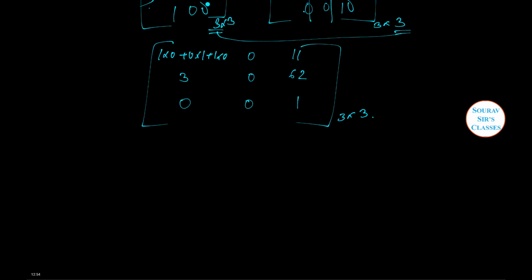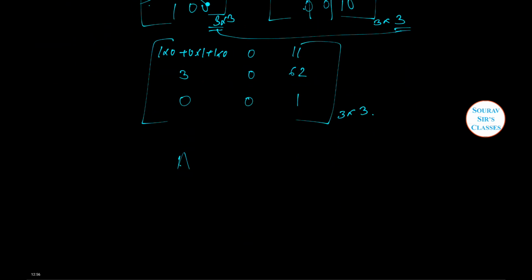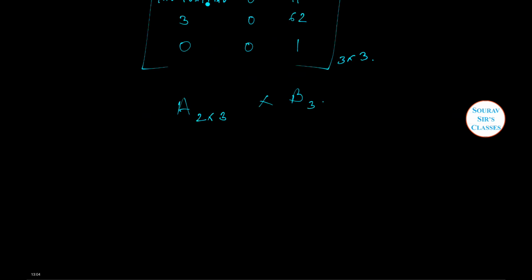For example, if we multiply A, which is of the order 2 cross 3, and B, of the order 3 cross 2, then we take 2 from the left and 2 from the right, and we will get a new matrix K, which is the product of A and B, of the order 2 cross 2. Hope you understood this.